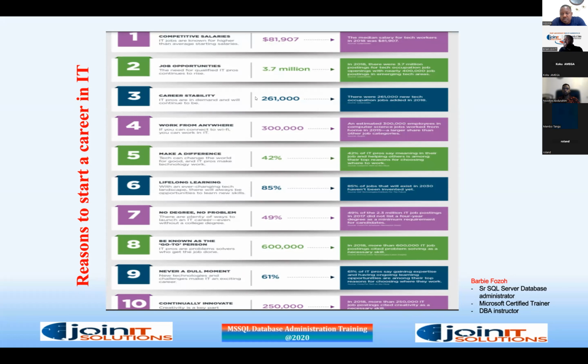You have career stability. Some people say IT jobs are going to go away. It means you are simply telling me that IT is going to go away. Because if you look from 2010 till now, do you see the trend in IT? Everything is now a lot more IT inclined. So IT jobs are not going to go away.